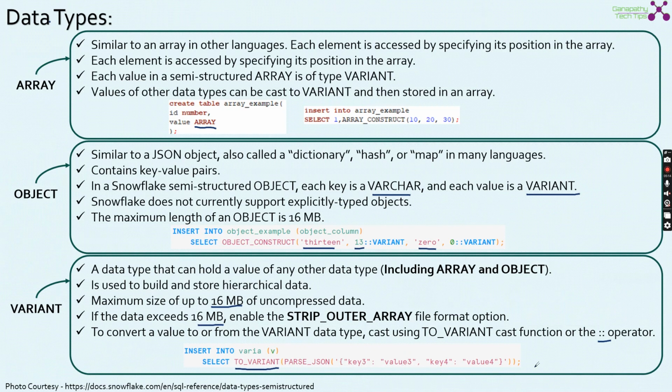Here key and value is there, in the form of JSON format. So we need to parse the JSON format and then utilize the to variant to cast it into the variant field. As simple as it is. By doing so, all these values, key 3 and value 3, key 4 and value 4, will be stored inside that varia table, which contains a field with the variant data type.